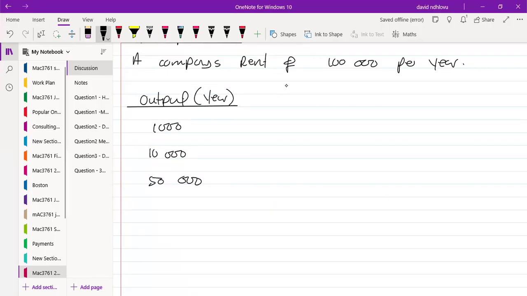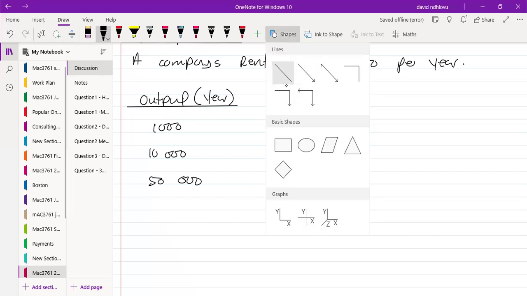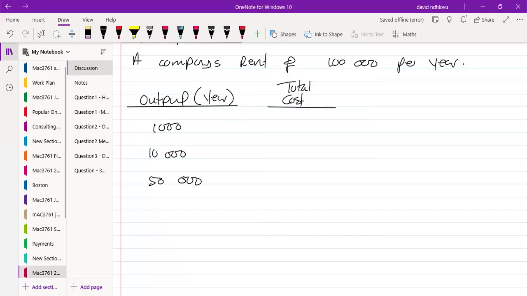Then we have the total cost. Our rental expenditure for the company is not being determined by the number of units produced. It is more likely determined by the square meters of space occupied. Remember, we are renting and we are charged for the amount of space that we are occupying.